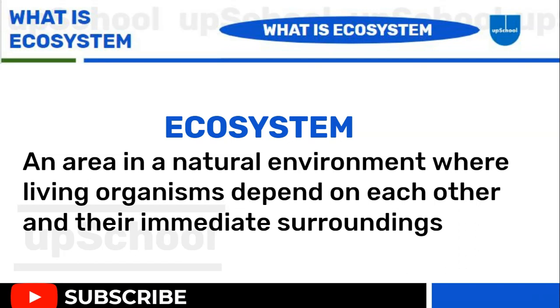These are living organisms depending on each other and their immediate surroundings. The living organism in the scenario is the bird, and the bird is depending on its immediate surroundings, which in this case is the worm as food, the air to breathe, and the water to drink. That's how this scenario is an ecosystem.